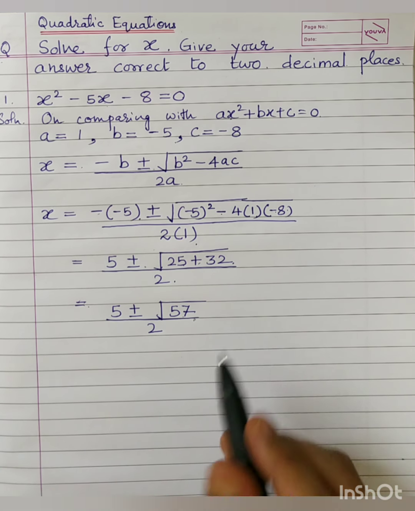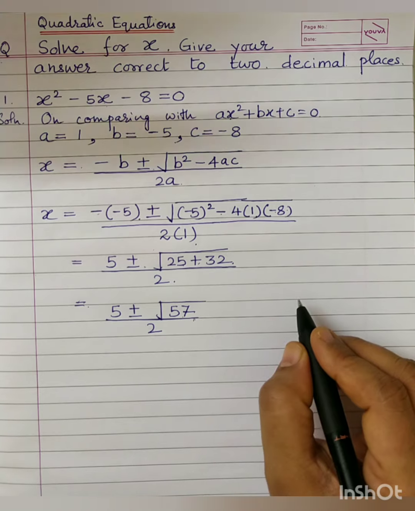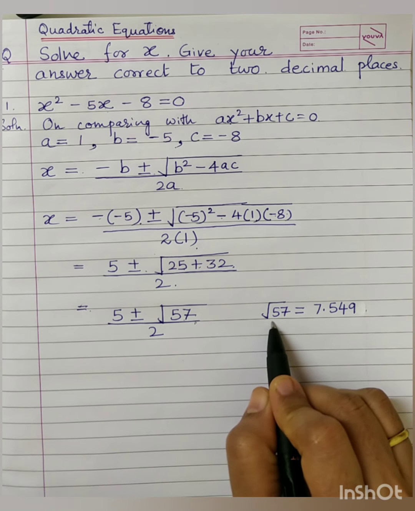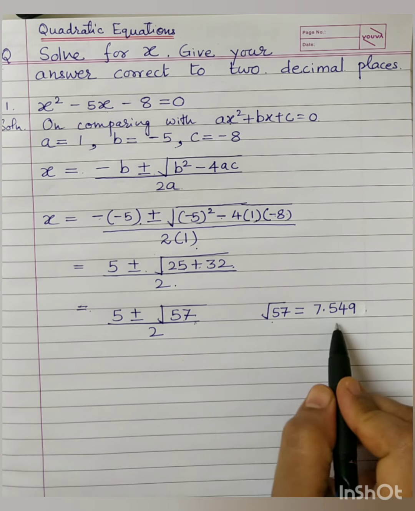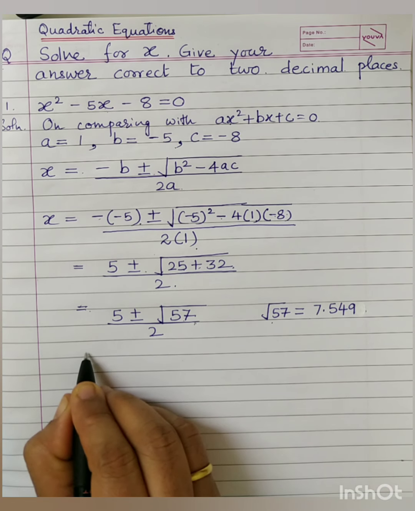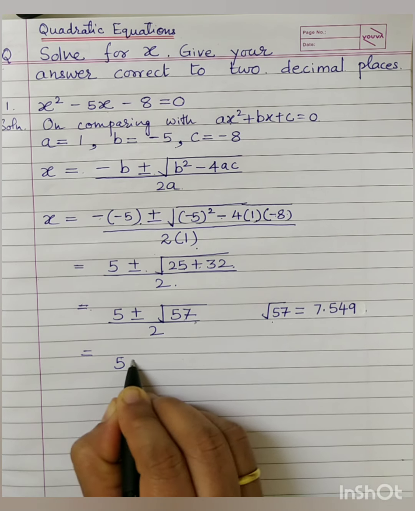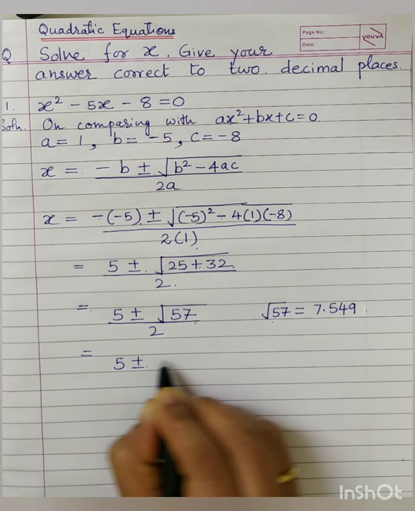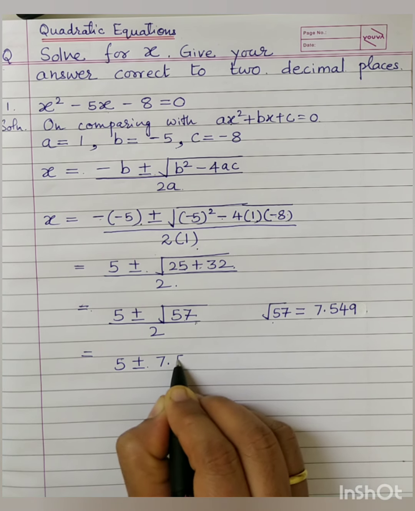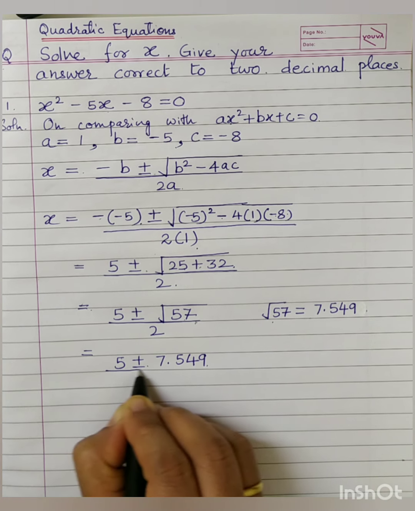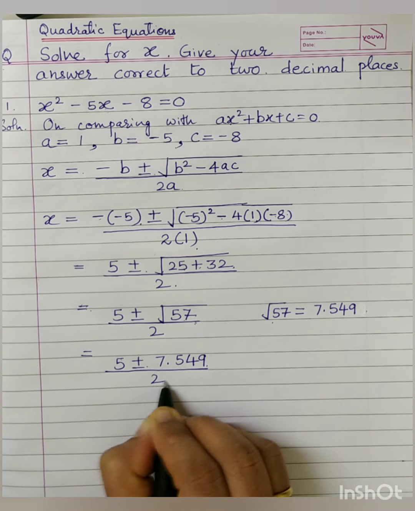Okay. Right. So from the log table, the value we found is root 57 is 7.549, that you are supposed to substitute here. So it becomes 5 plus minus 7.549, till 3 places of decimal I have taken here, upon 2.